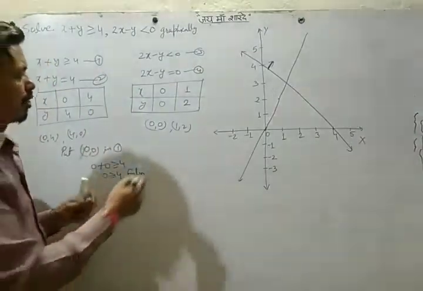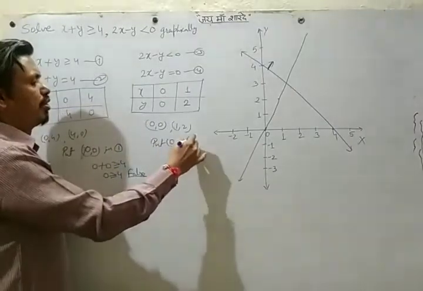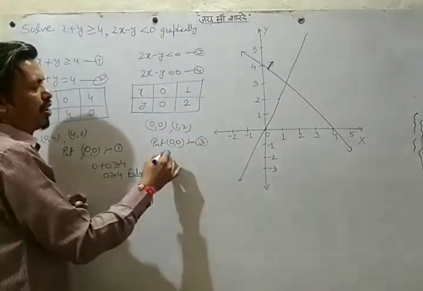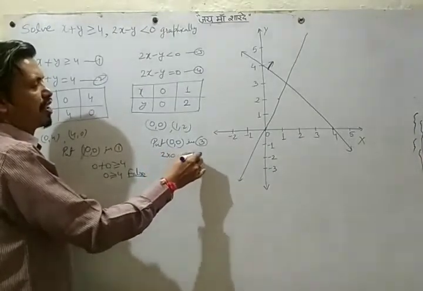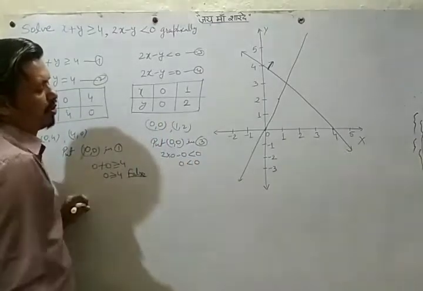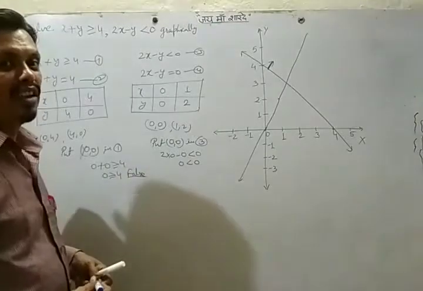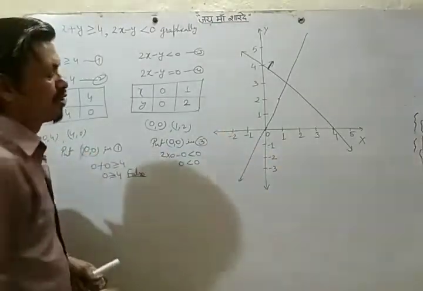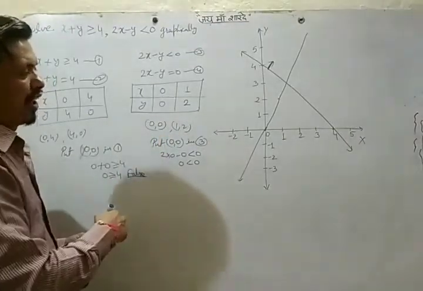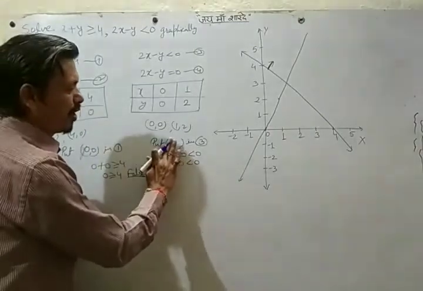This is the graph for the second equation. Okay, now its solution. So here we put (0, 0) in the inequation. What do you get? 2 into 0 minus 0 less than 0, 0 is less than 0. It's true. Can you put (0, 0)? It is passing through the origin, so we cannot put (0, 0). So be careful: if your line is passing through the origin, we cannot put (0, 0). We have to take any other point.